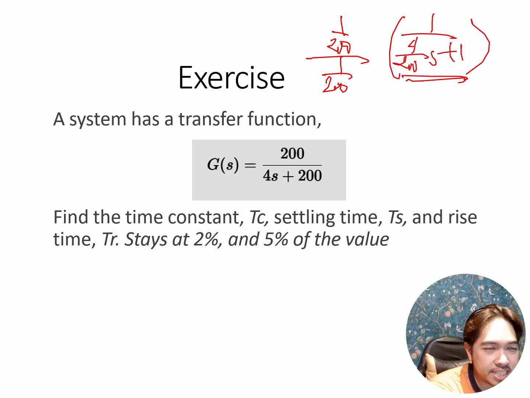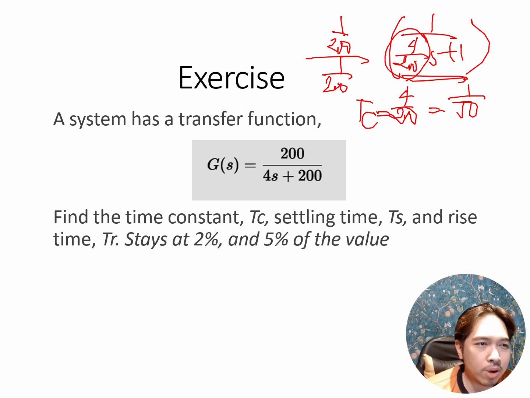So this is our standard form. Now our time constant is equal to 4 over 200. We're always referring to this one for the time constant. Therefore, the time constant is simply 4 over 200, or if you take the lowest terms, 1 over 50.